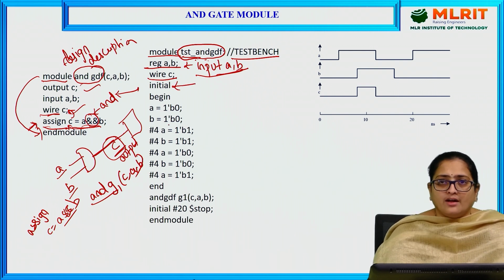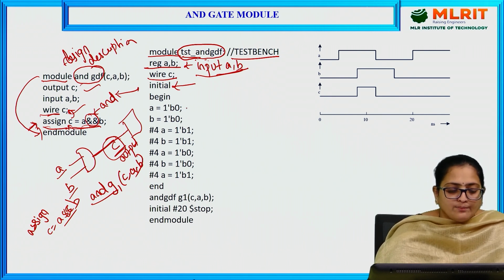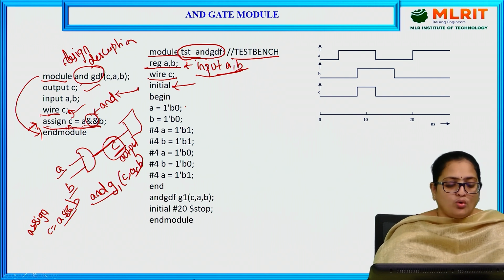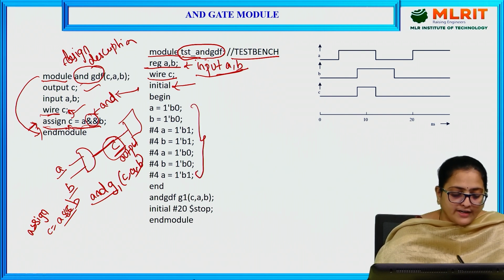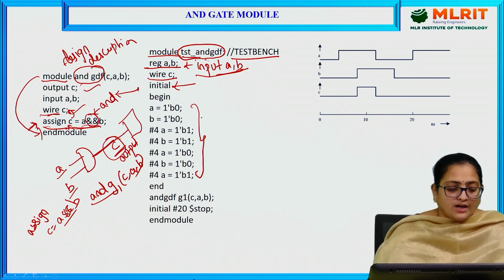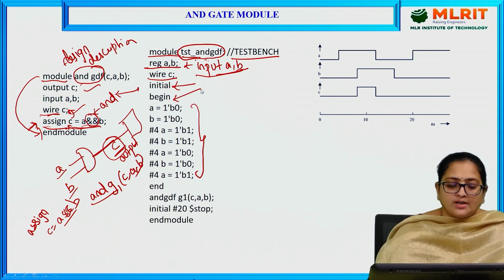From here we start giving input values to the variables. So, initial. Here I am not giving a single value; I want to check for n values, so I am using a keyword called begin.